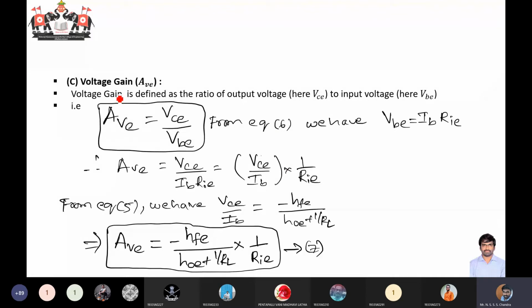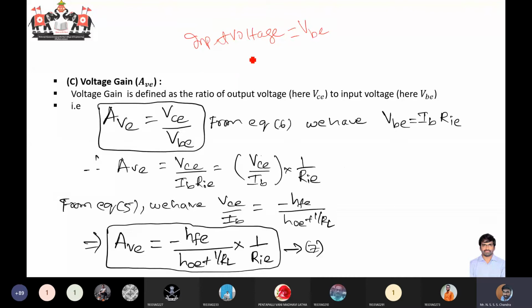So coming to the voltage gain. What will be the voltage gain? It's a ratio of output voltage to input voltage. Already we have seen the input voltage. What's the input voltage for the CE transistor? VBE.